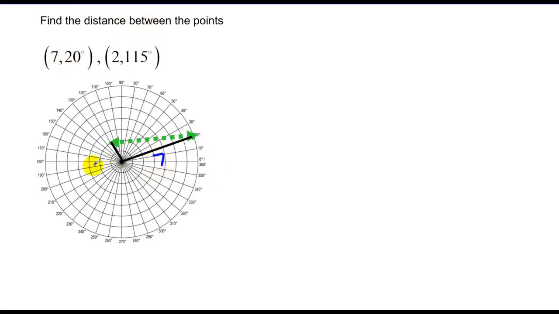So this is 7. This is 2. And we also have this angle here, believe it or not, because we know that if this is 115 and this is 20, the difference of 115 and 20 is 95. So that means we can find this missing side.